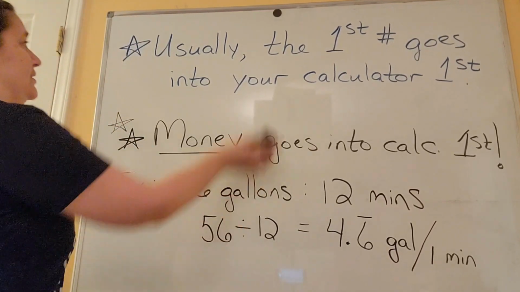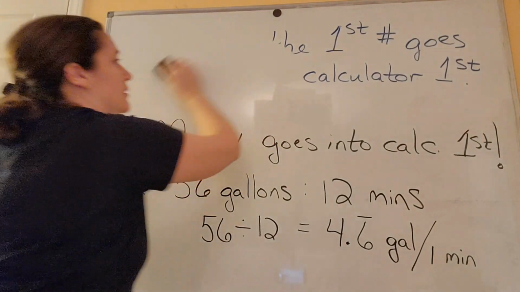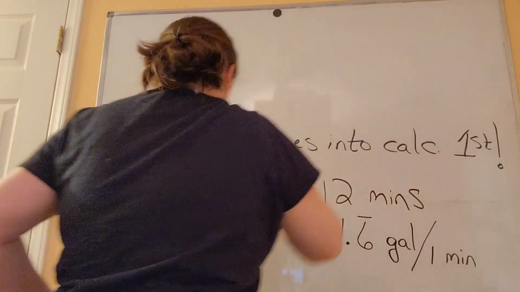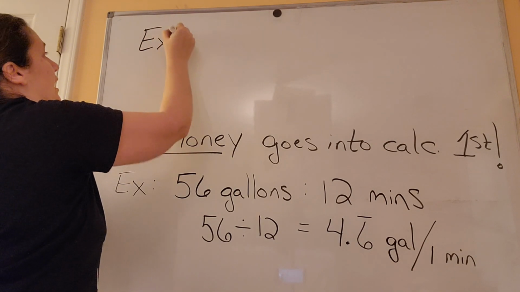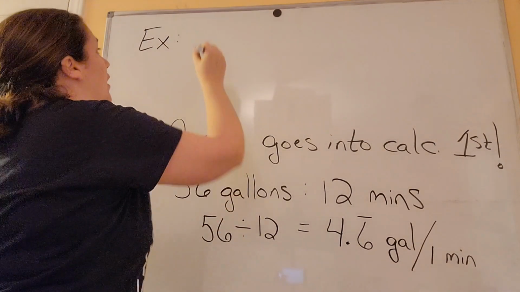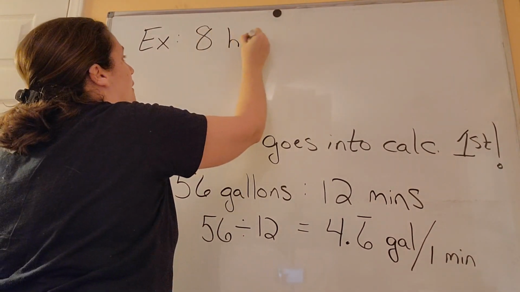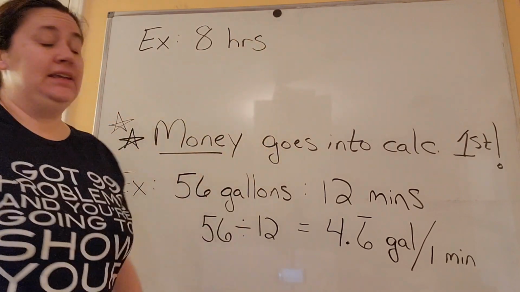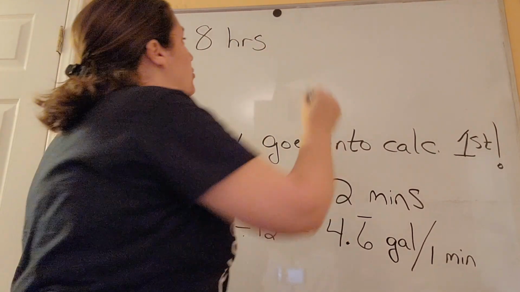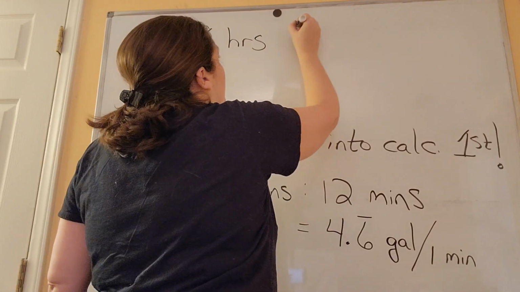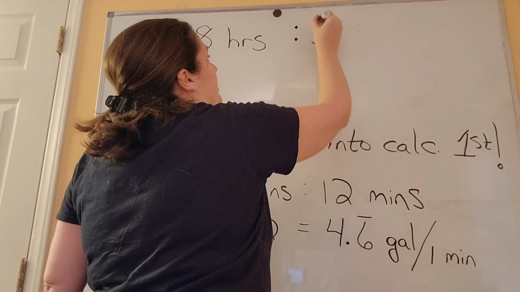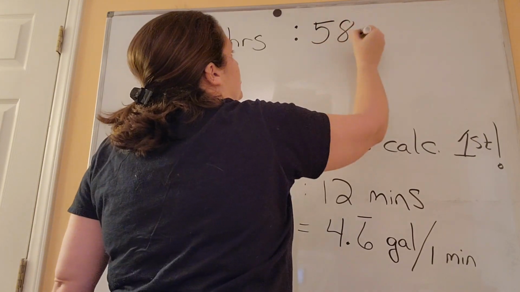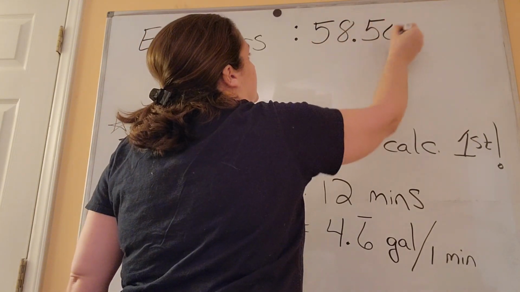Let's do one more example involving money. Let's say that you work for 8 hours. And in that 8 hours, you earn $58.50.